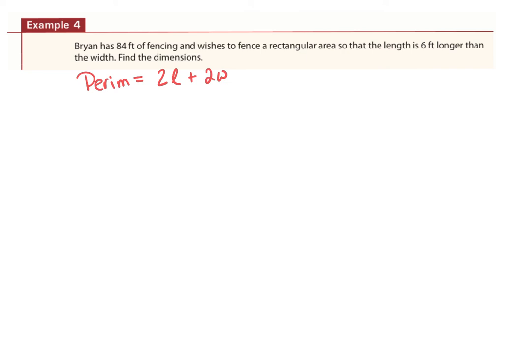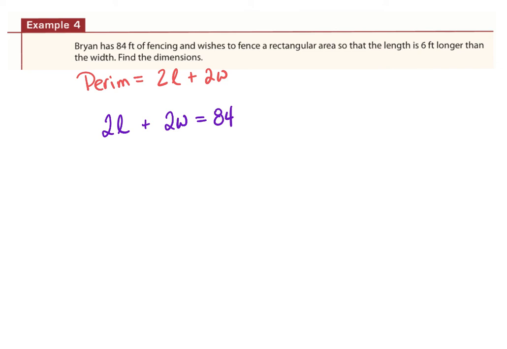If he has 84 feet of fencing, that is the length of his perimeter. So the first equation that we know is that 2L plus 2W is going to equal the 84 feet of fencing that he has. The other equation is actually given to us.